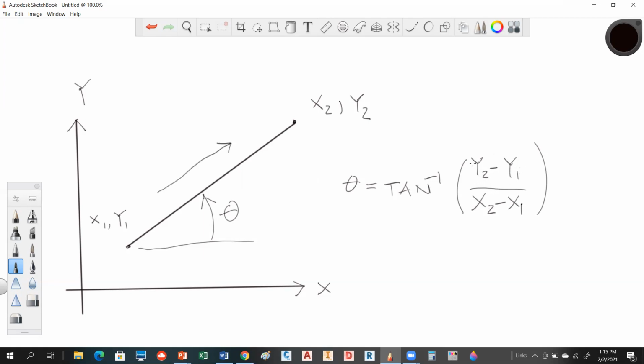If I flip these, I'm actually calculating the angle in the other direction. That's very important when you get into inversing. So going from point 1 to point 2, that's the direction 1 to 2, and we're calculating 2 minus 1. This is just a y over x relationship. So if we had this, let's put some numbers here.